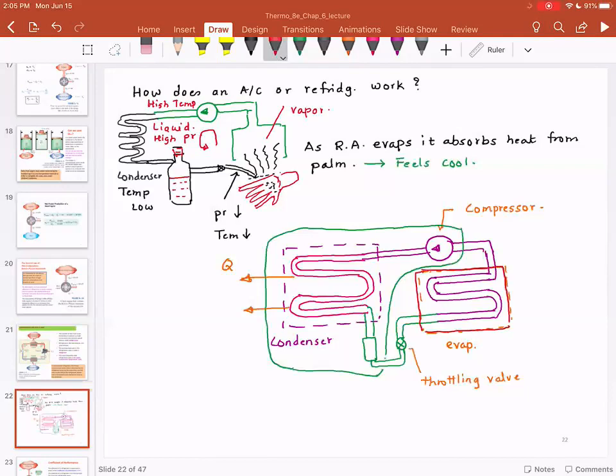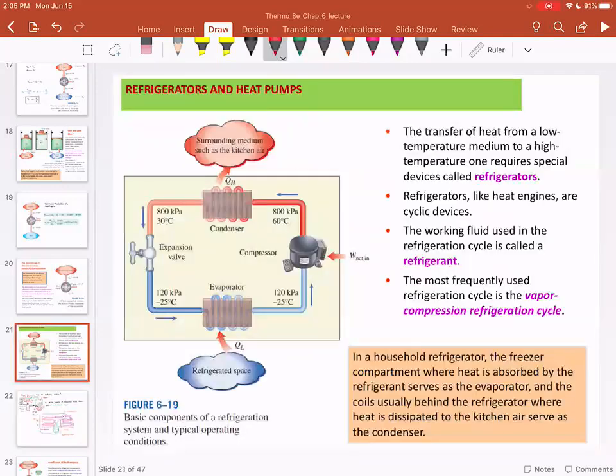So now with this basic concept, let's look at the schematic of a refrigeration system. You have an evaporator that is inside the refrigerated space. This is the space that we want to cool down.